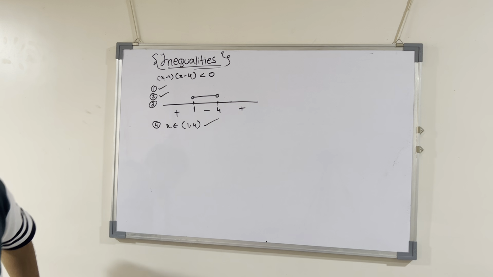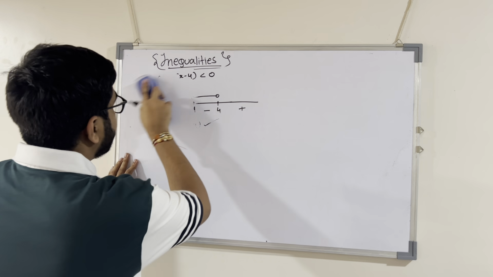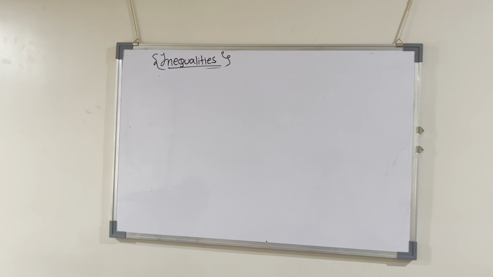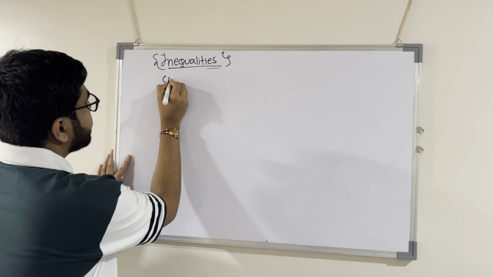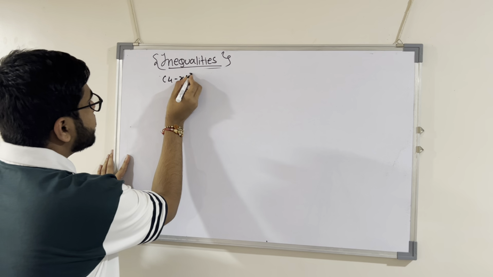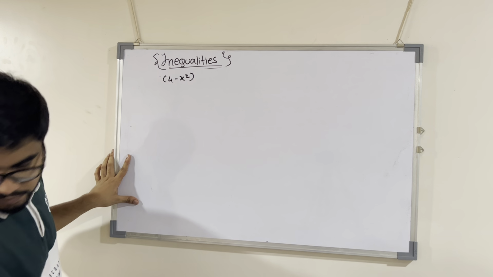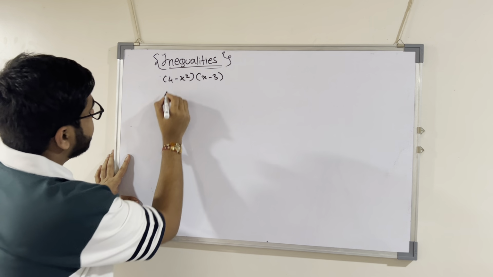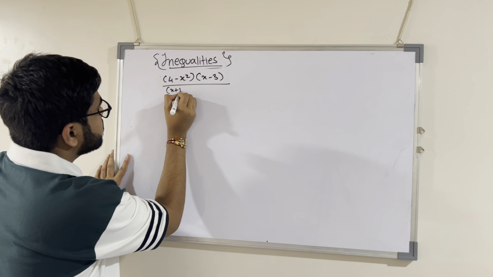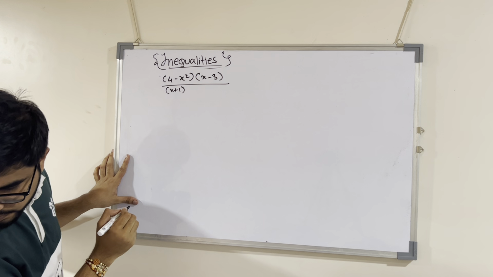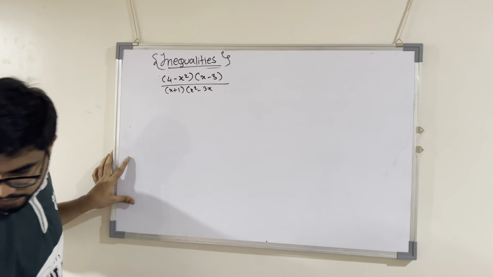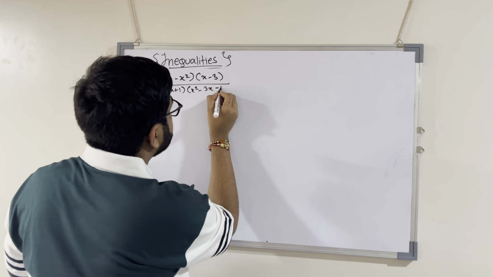Now let's come up with a tough example. This is (4 minus x squared)(x minus 3)(x plus 1) over (x squared minus 3x minus 4).